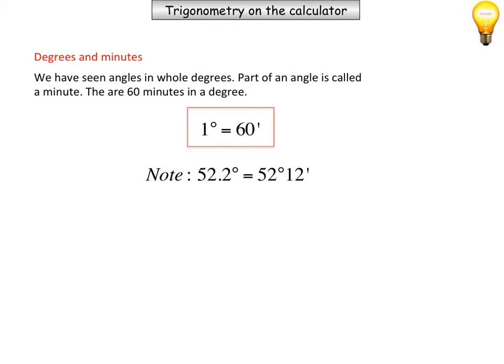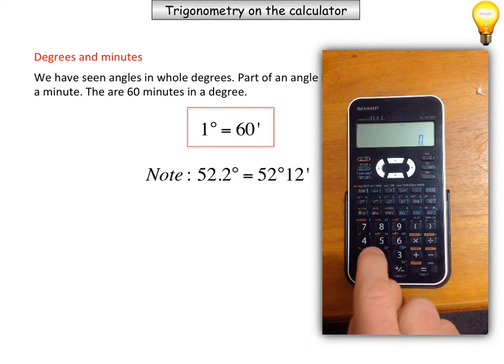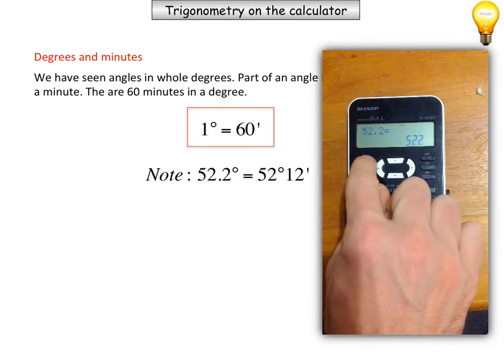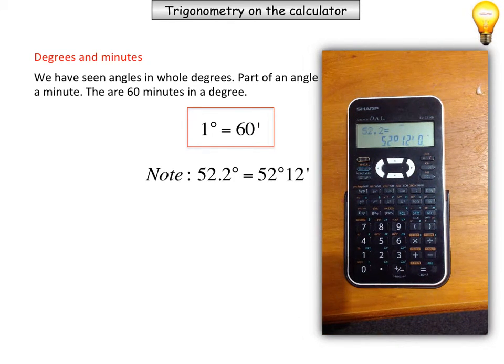So we need to be able to convert between decimals. 52.2 is equivalent to 52 degrees and 12 minutes. If we type in 52.2, press equals, then second function, degrees, minutes, seconds, there's your conversion.